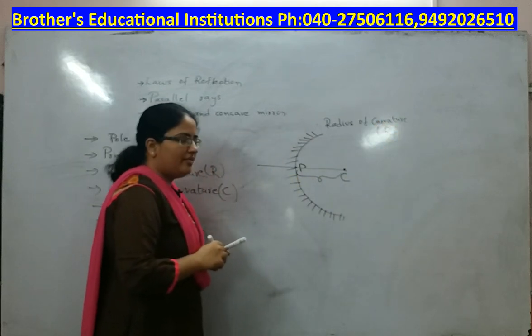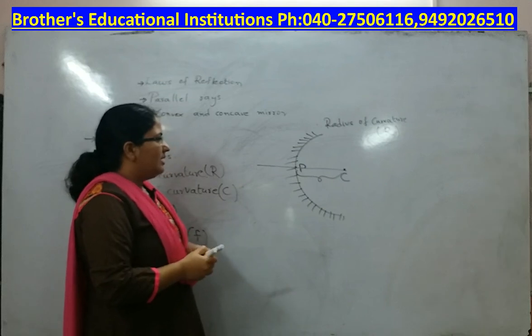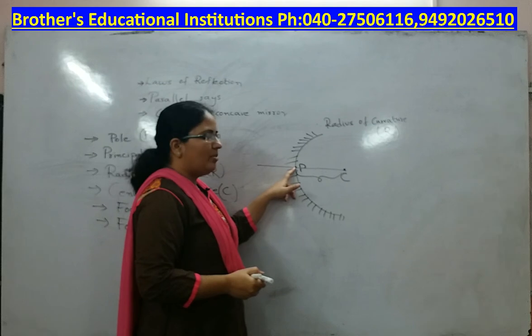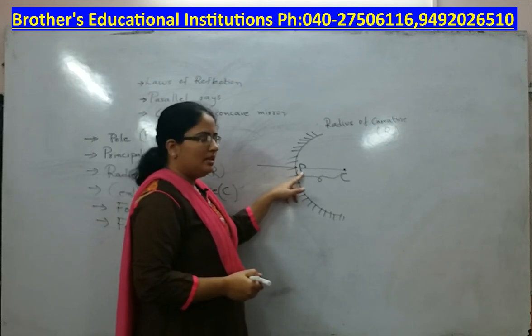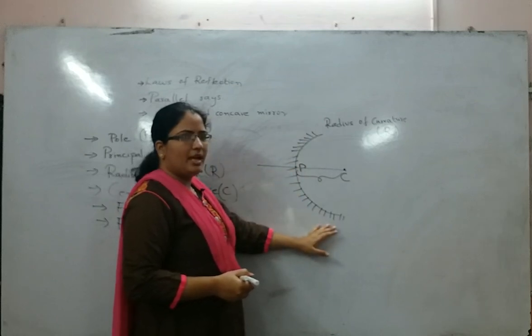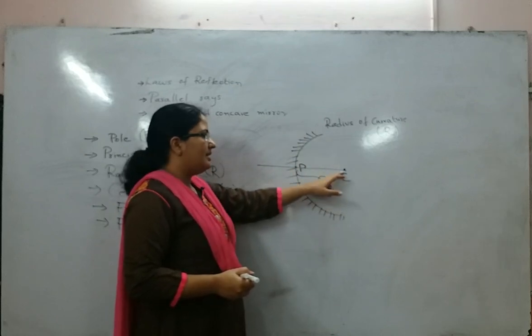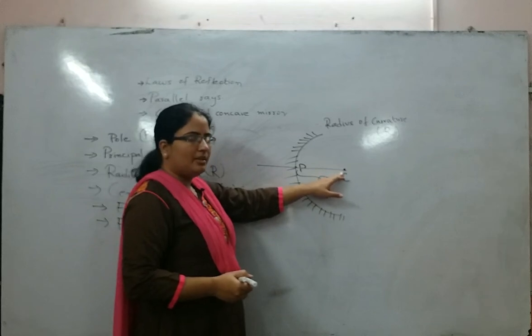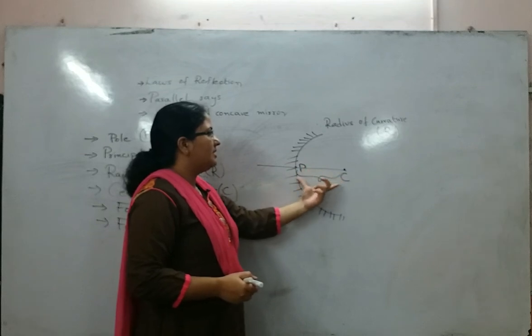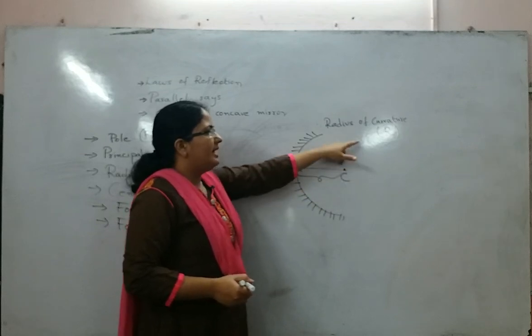Let us look into the definitions once again. If this is a concave mirror, the central point or the midpoint of the concave mirror is called the pole. If this is a part of a sphere, the sphere will have some center. That is called the center of curvature. The distance between pole and center of curvature is called the radius of curvature.